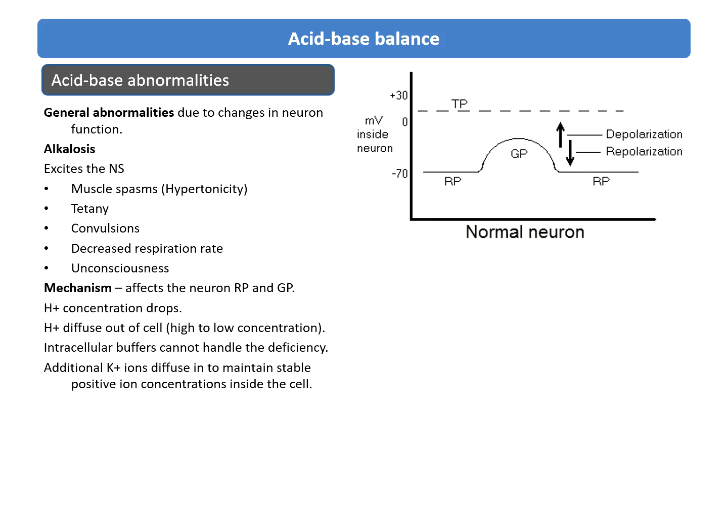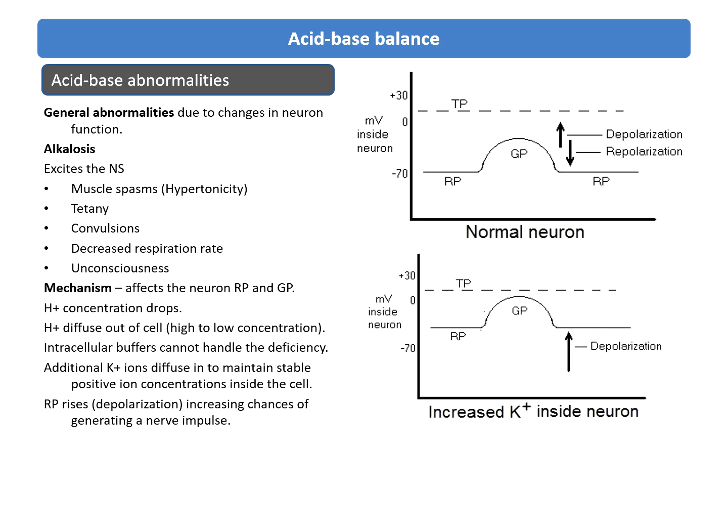Additional potassium ions then diffuse in to maintain the stable positive ion concentration inside the cell. When that happens, the resting potential rises. It increases the chances of generating a nerve impulse.